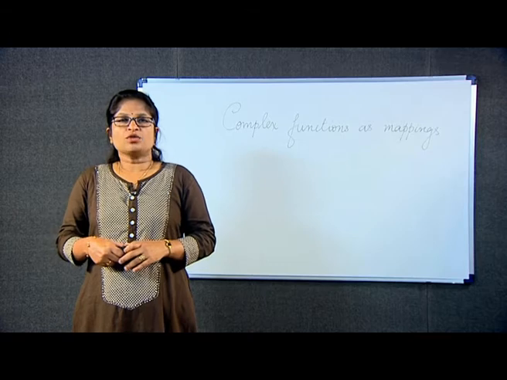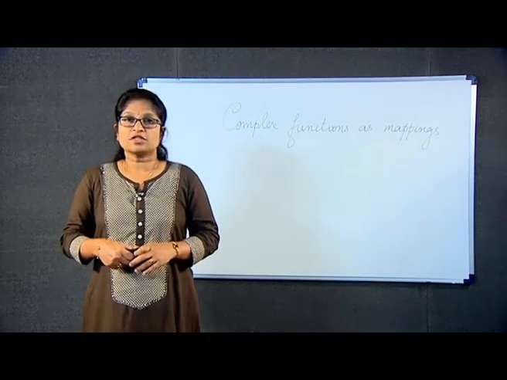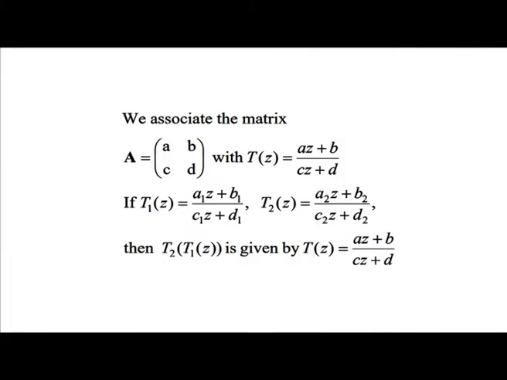So, let us see how to associate a linear fractional transformation to matrices. We associate the matrix (A B; C D), which we call capital A, with T(z) = (az + b)/(cz + d).